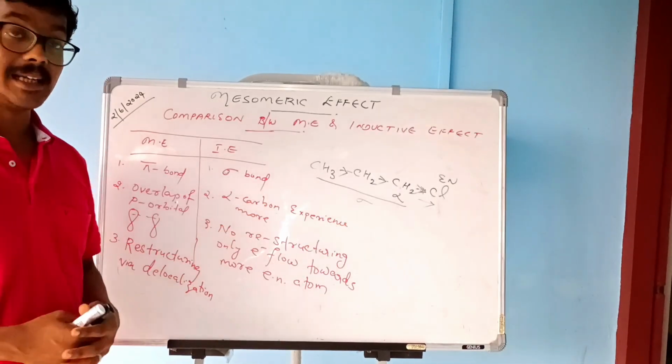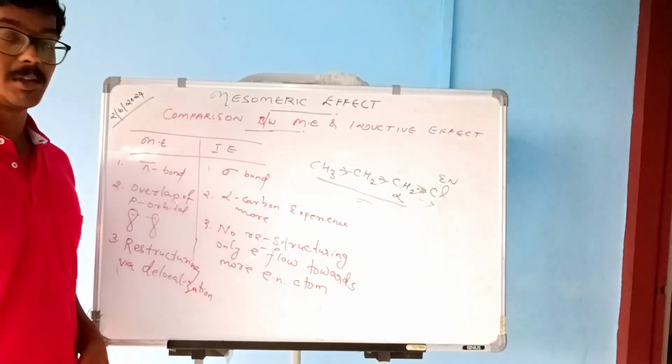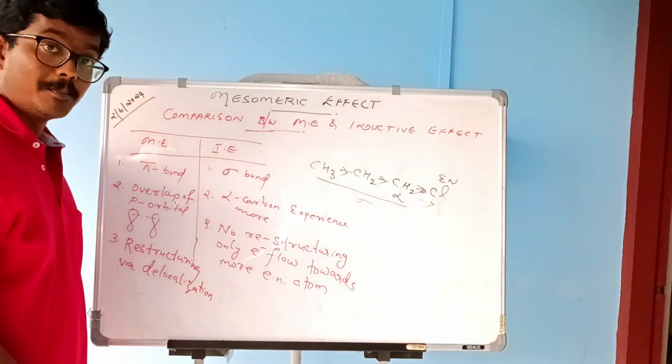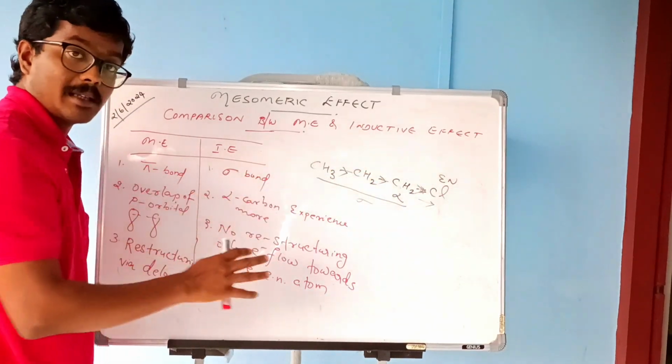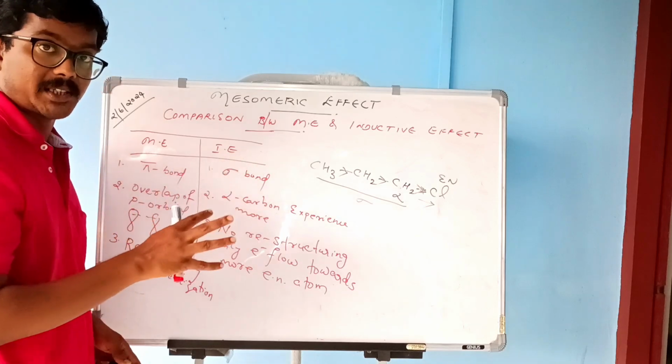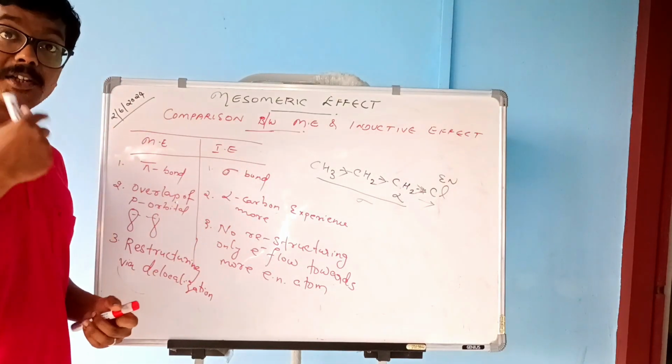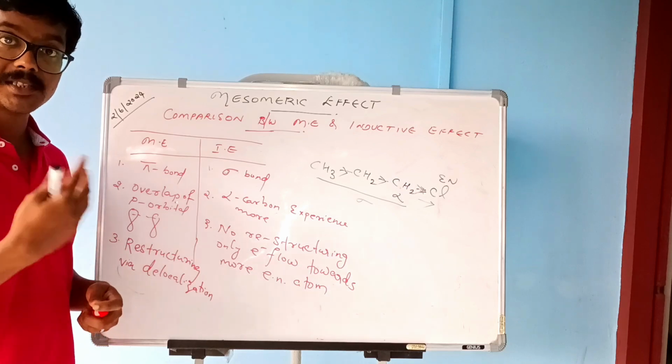Another thing is that the inductive effect is a permanent effect because of the presence of an electronegative atom, towards which the electrons move. But the mesomeric effect is temporary because it is continuously moving; it is not permanent.